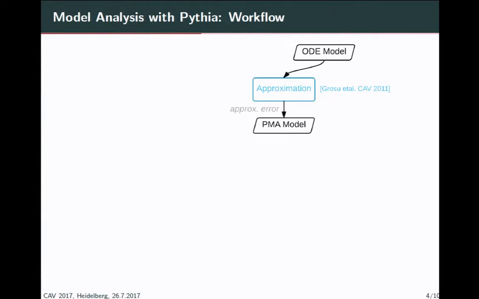Actually, this procedure is embedded into a workflow that starts with the parameterized ODE model, and it continues by approximation, where we employ the method implemented by Ezio Bartocci, presented in a CAV paper in 2011.